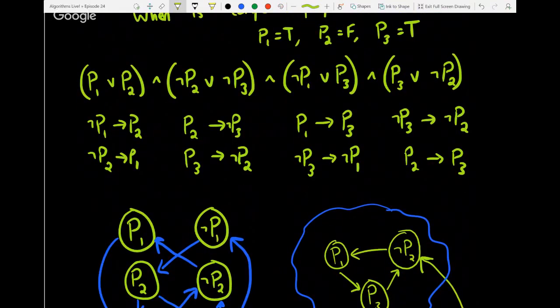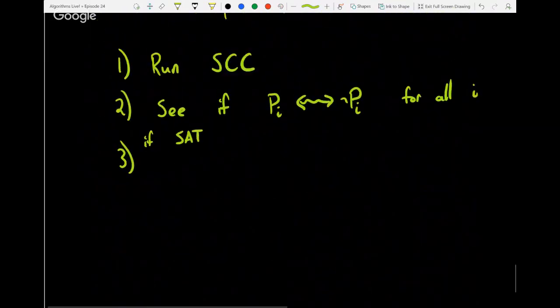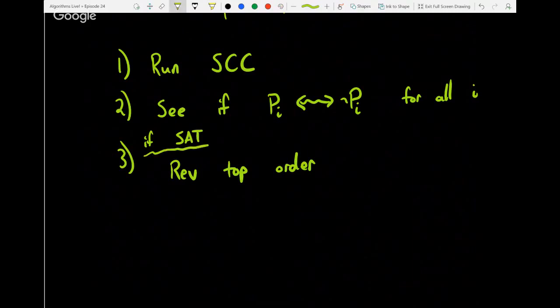And so you just get those three pieces and then you plug them into this equation, and you'll see this compound proposition will actually resolve to true. And you can just do that by doing a little bit of graph theory. The last thing I want to say is, if we're going in reverse topological order, I just want to reemphasize that if you run Tarjan's or any strongly connected components algorithm, it gives you a topological order.